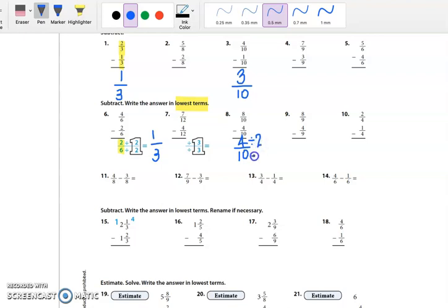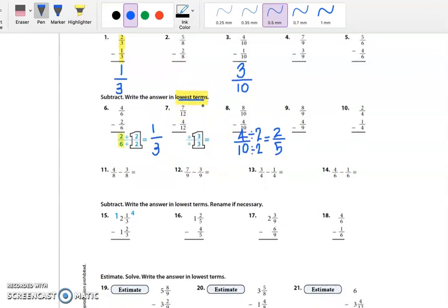So I'm going to divide my numerator and denominator by the same number, and this will give me 2 out of 5. So number 6 through 14 is the same. Just remember to put it in lowest term.